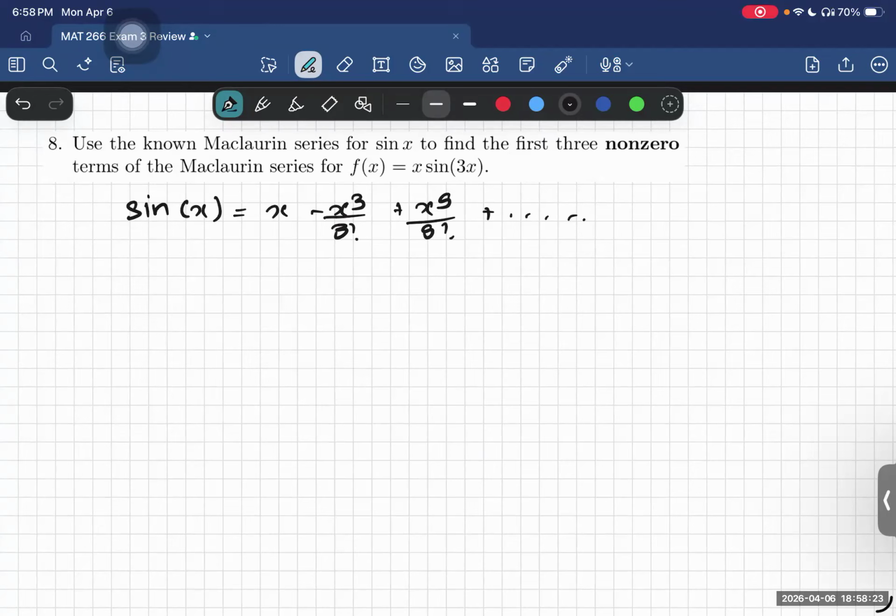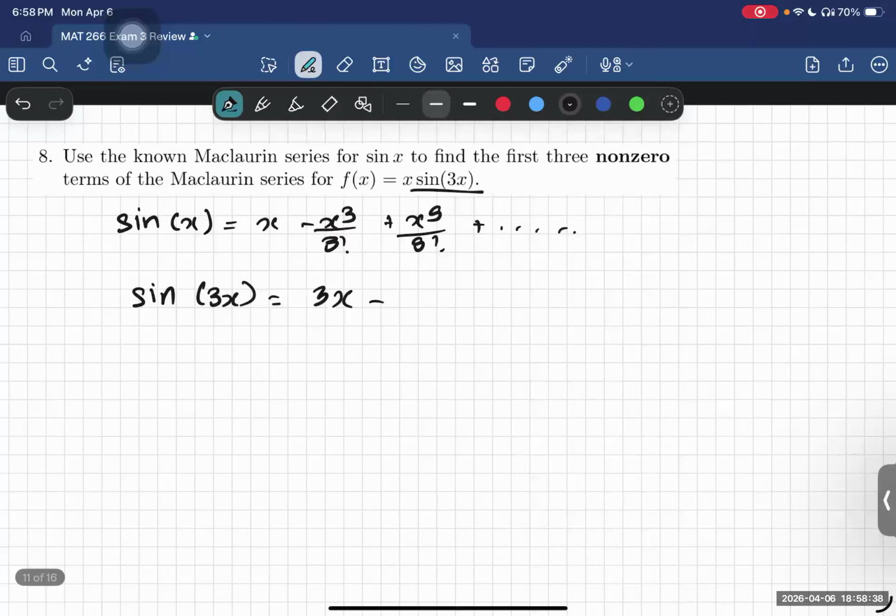So now let's take sine 3x first to make it simpler. So I have sine of 3x is equal to, I'll just multiply 3 everywhere as a coefficient of x. So 3x minus 3x cubed by 3 factorial plus 5x raised to 5 over 5 factorial and so on.